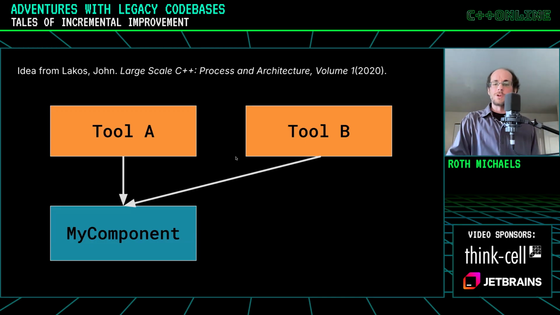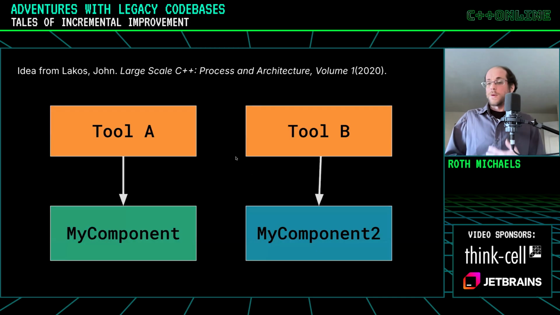But that's going to risk a regression in tool A. And sometimes if you have a working legacy thing, especially if it doesn't have great test coverage, that risk of breaking tool A might be too high. And sometimes it might just be worth it, even though we might not like repeating ourselves, to just make a copy of my component, call it my component 2 or whatever, and make the changes there so that you don't actually have to risk that regression.